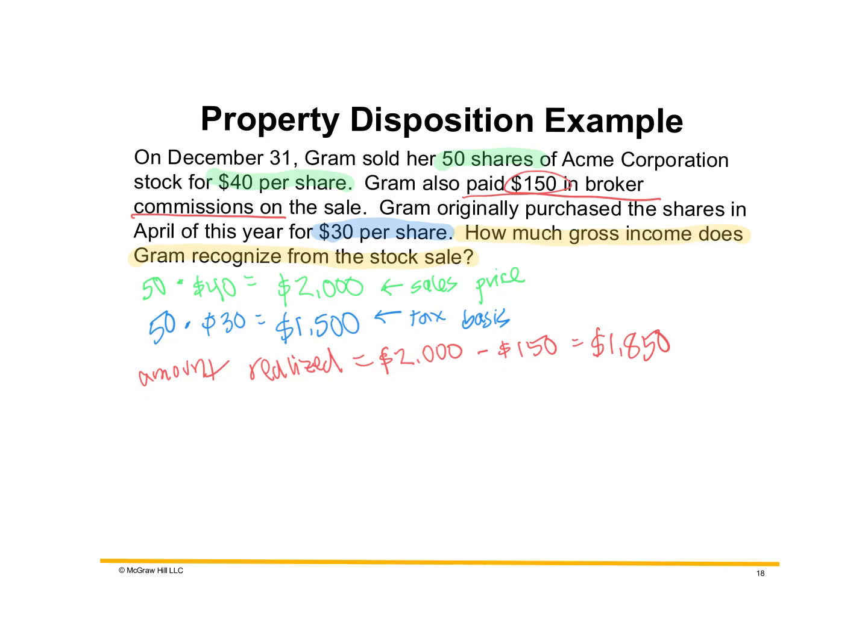Then we'll want to take that amount realized and subtract our tax basis. And we already calculated that up here in blue. So we see that tax basis number is $1,500.